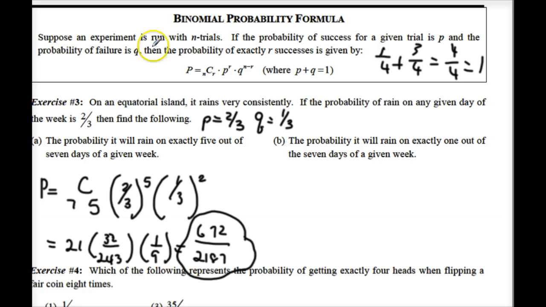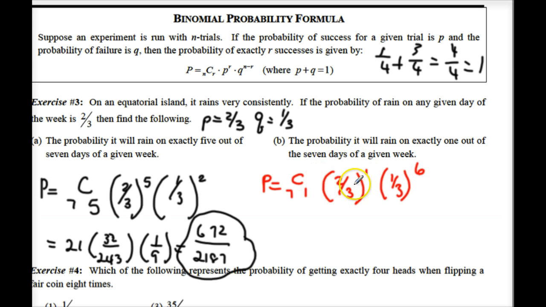Now B says, find the probability it will rain exactly 1 out of the 7 days. So now we're doing 1 out of the 7 days. So the probability would be 7 days, 1 time it's going to rain, and then it's 2 out of 3 to the 1, and then 1 out of 3 to the 6.